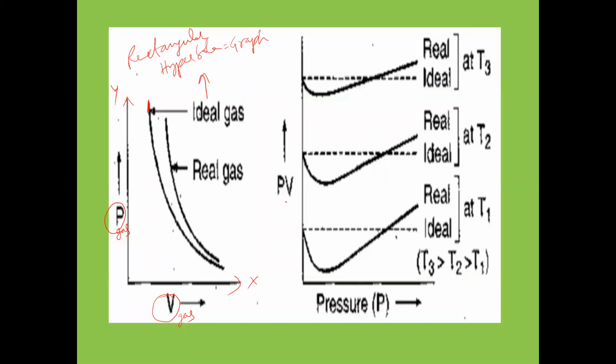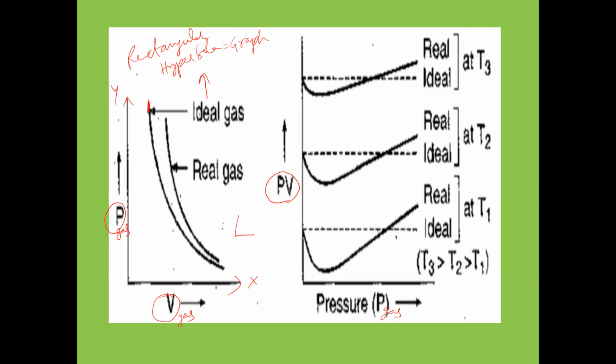Next one, if we plot a graph of PV, the product of pressure and volume, versus pressure. That means PV versus P. So, P into V of the gas versus P. If we plot, generally what do we get?